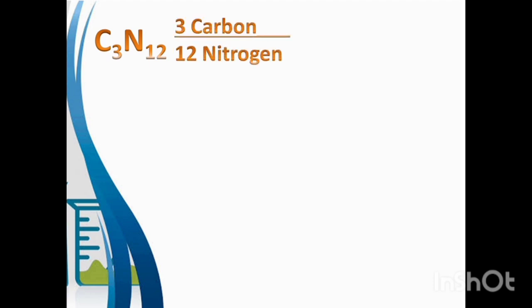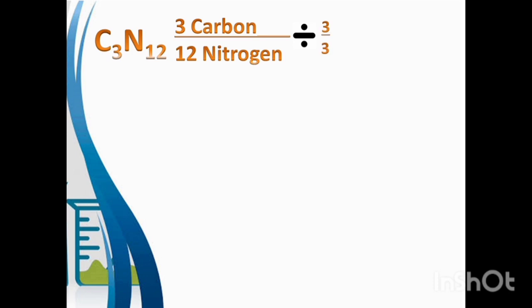Next example, we have cyanuric triazide. Cyanuric triazide has 3 carbons and 12 nitrogen. Of course, let's write it as a fraction. Then we think what is the largest number that could divide both sides. It should be 3.